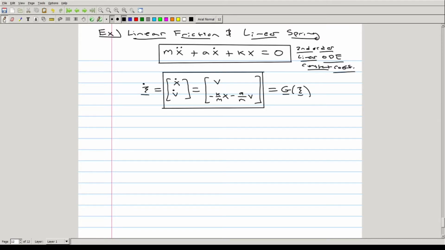And so this second order ODE is equivalent to this autonomous system of linear first order ODEs.